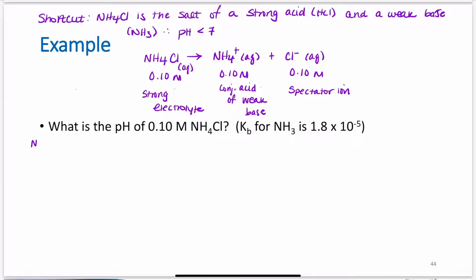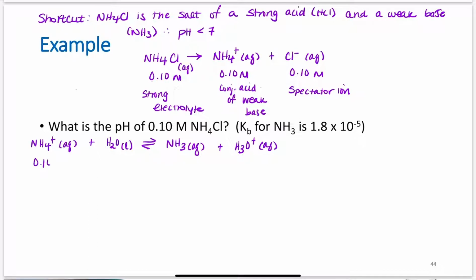When I put that in solution, it's immediately going to split up, so I'm automatically going to have these ammonium ions floating around. They are going to react with water, and they're going to donate a proton to water. By donating a proton, they're behaving as an acid, and they're forming hydronium ion.